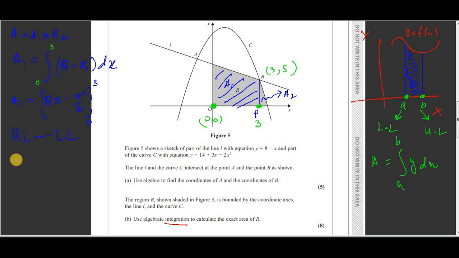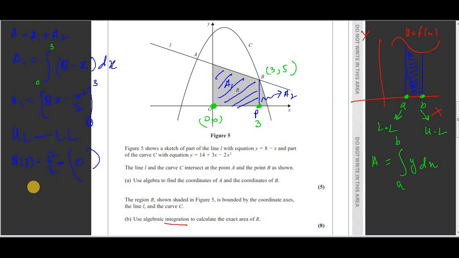So if we put 3 first, 8 times 3 minus 3 square by 2, this is the upper limit, minus, I'm writing a bracket for the safe side because sometimes we get confused, minus the lower limit. But the lower limit is 0, if you put 0 here or here, the overall answer is 0, so minus 0.